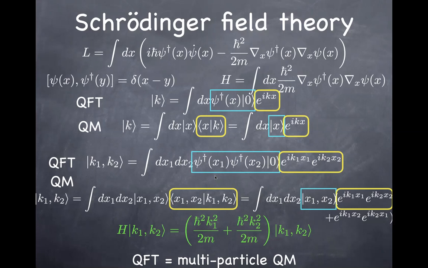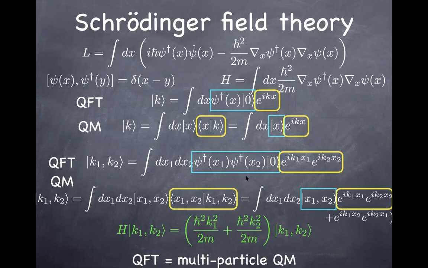But the ket x1, x2 lives in this Fock space. Can we use these two operators to build this state out of the vacuum? Are you asking how I can produce a state where x1 and x2 are not symmetric? Is that the question? Yes.